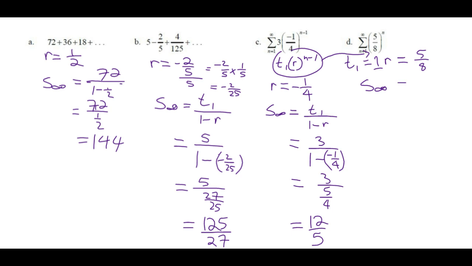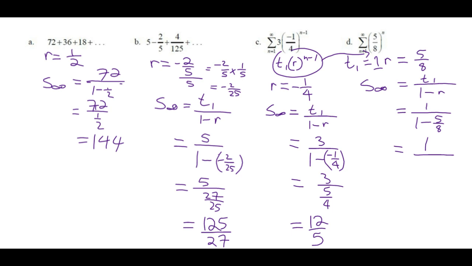The sum to infinity is t1 over 1 minus r. 1 over 1 minus 5/8 is 3/8. And, oh, wait a second. You know what? T1 isn't 1.